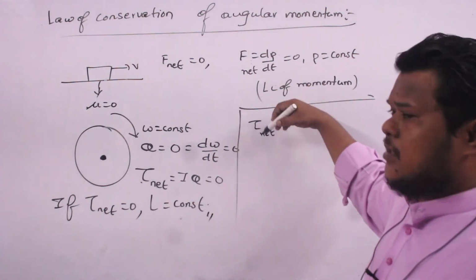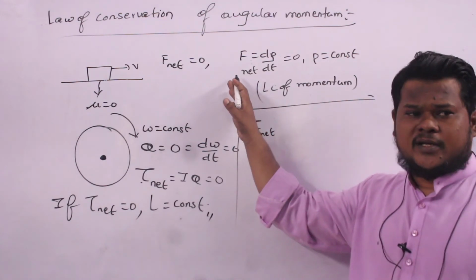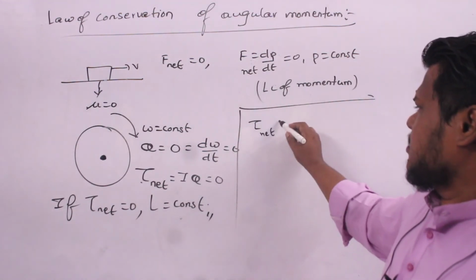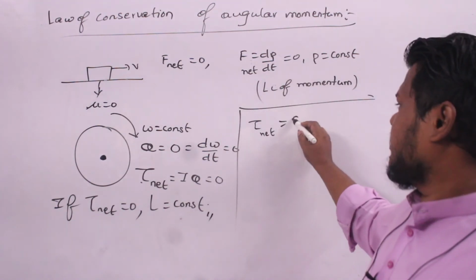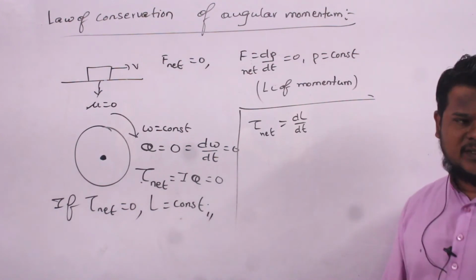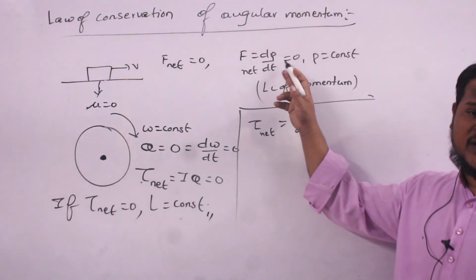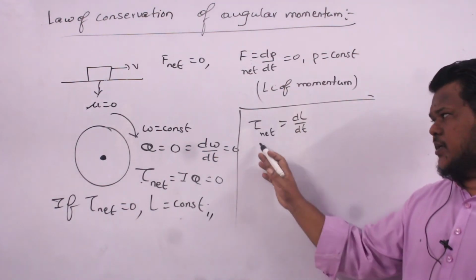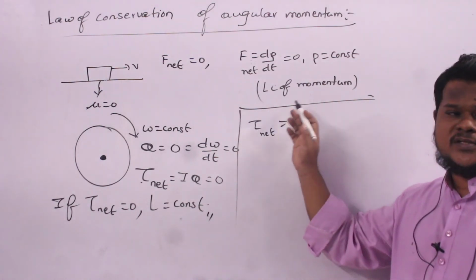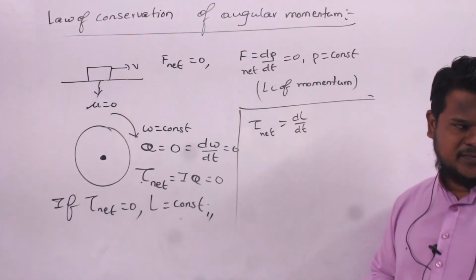Force and torque are analogous: force produces linear acceleration, torque produces angular acceleration. So instead of dP by dt, I can write dL by dt. P is linear momentum, L is angular momentum. So net torque is equal to dL by dt. This is the equation according to Newton's second law in rotational motion.